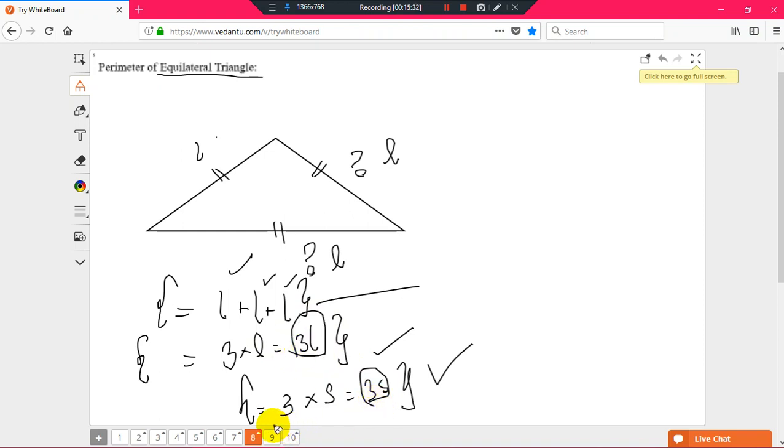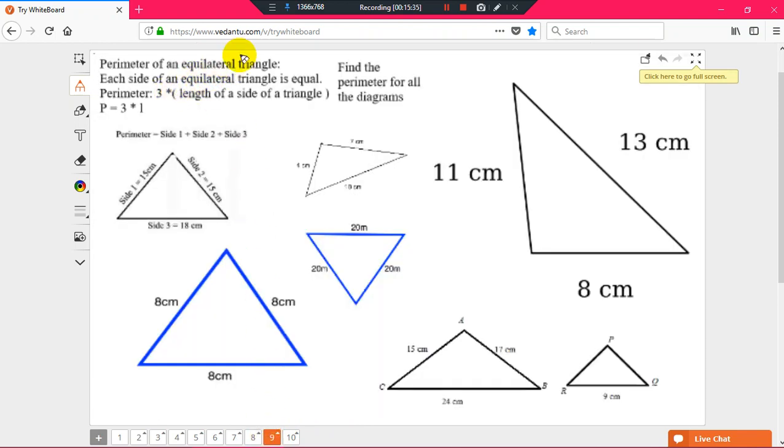So let's see some examples. Perimeter of an equilateral triangle: each side of an equilateral triangle is equal, so the perimeter will be 3 into the length of a side of the triangle, in short, 3 into L. Here they have also given one formula, side 1 plus side 2 plus side 3, that is the perimeter of a triangle.